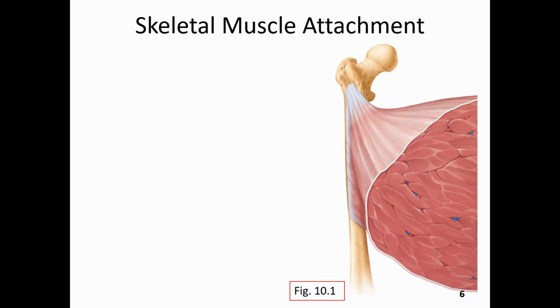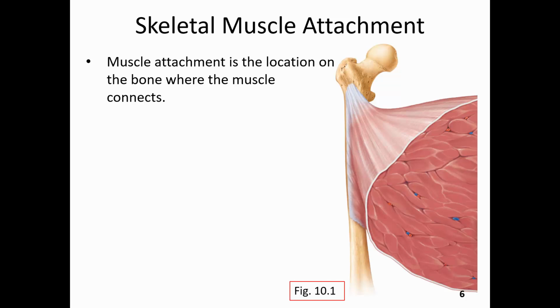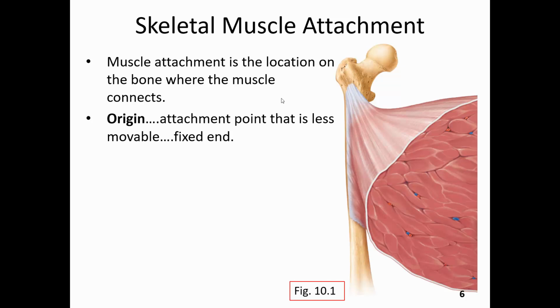In terms of the attachments of skeletal muscle, attachments are often named a number of different ways, and the muscle attachment refers to the location on the bone where it connects. The first term here is the origin, and the origin is a reference to the specific location where the muscle attaches to the bone.